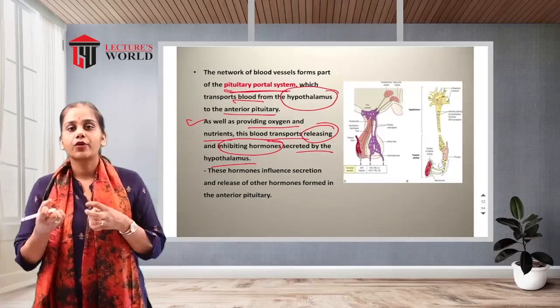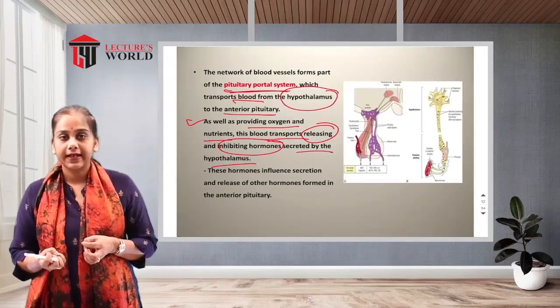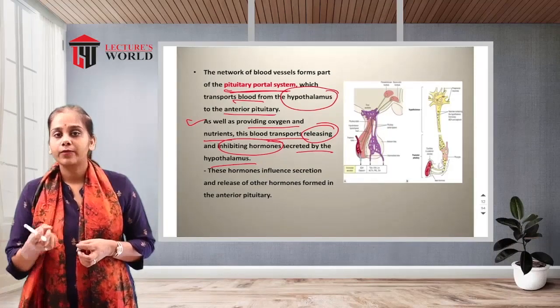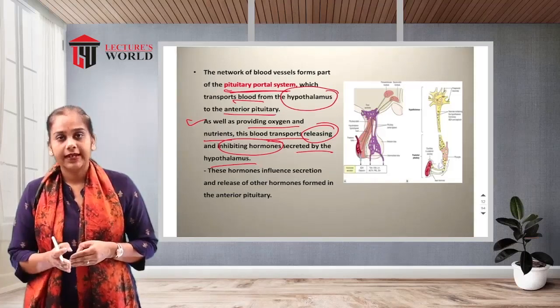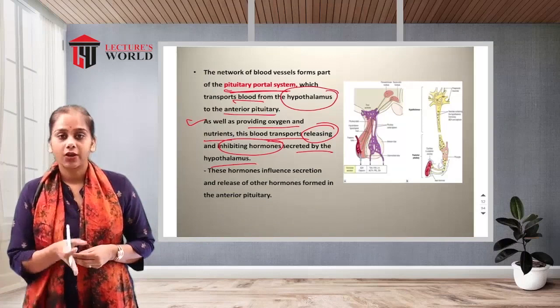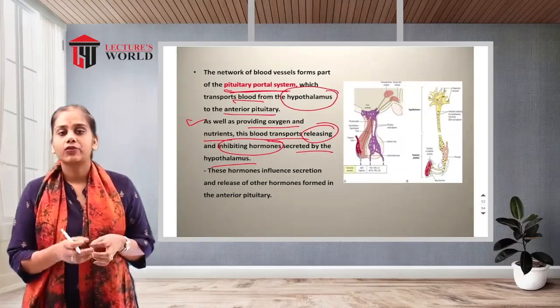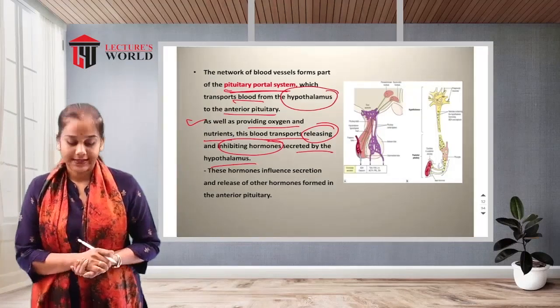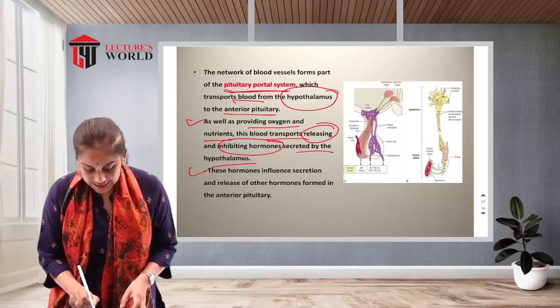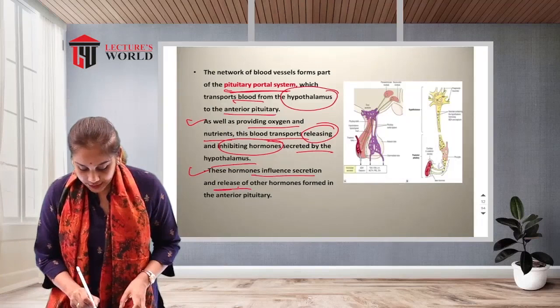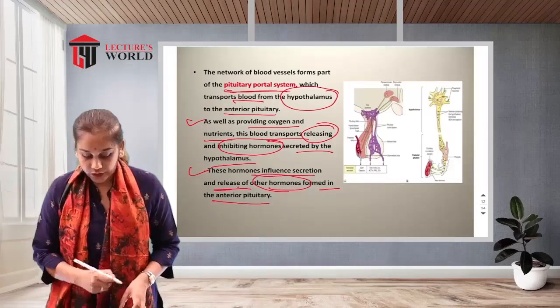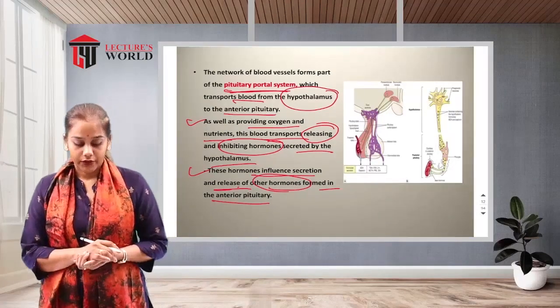Some hormones are produced by the anterior pituitary gland, and when overproduction occurs, the anterior pituitary gland tries to stop the hormones. So for that, inhibiting hormones are there. These hormones influence the secretion as well as the release of the other hormones that are formed in the anterior pituitary. Okay.